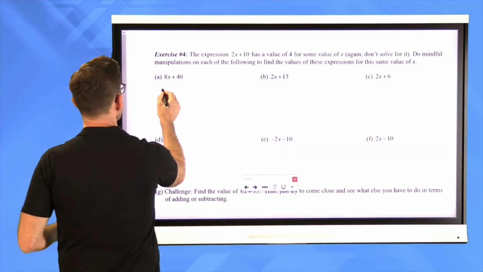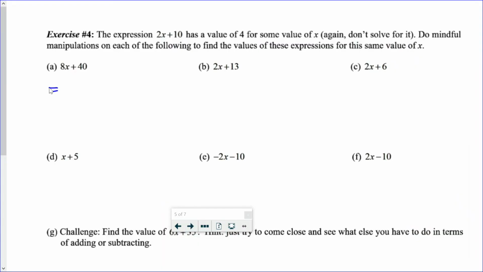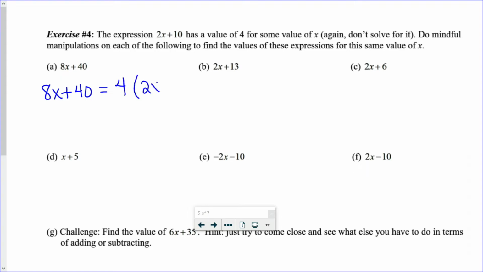And in fact, 8x plus 40 is simply the same as 4 times 2x plus 10. Now I know 2x plus 10 is equal to 4, so that's just going to be 4 times 4, which is equal to 16.